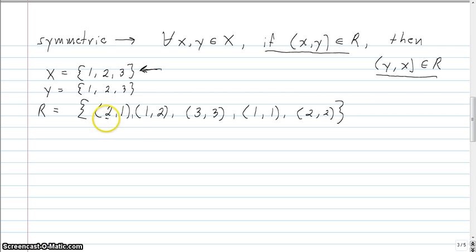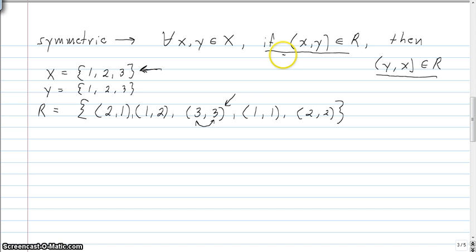And so again, when you're given the elements of the relation, you can kind of just go through and do this by inspection. Of course, if you look at some element like, say, 3, 3, well, okay, if we have 3, 3 in the relation and we flip those around, right, so we switch these, it's going to be the same element, 3, 3.